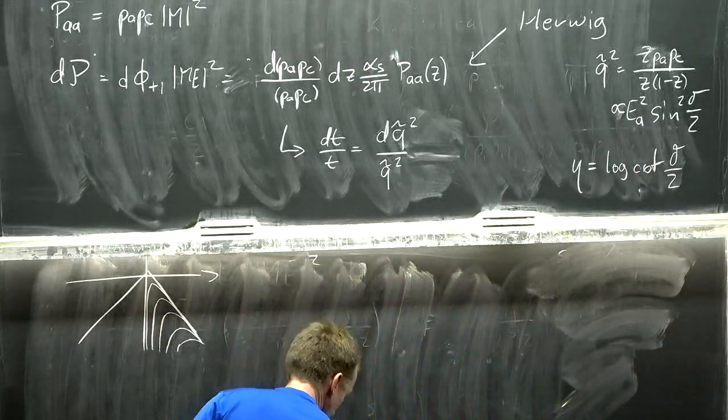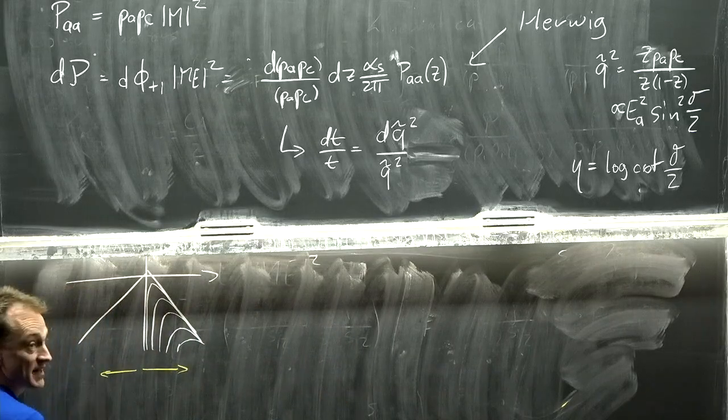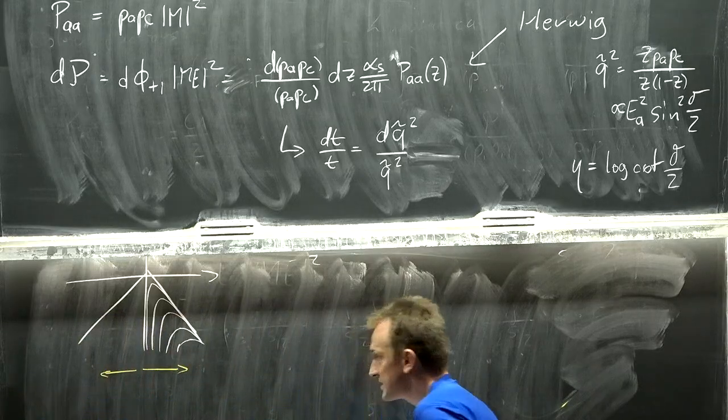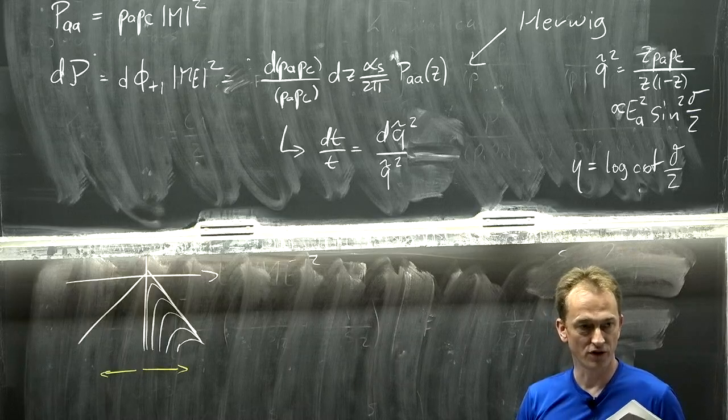So the evolution in Herwig will go from the center of the Lund plane towards the edges, okay? Now this is connected to the fact that Herwig is next to leading log correct for global observables.